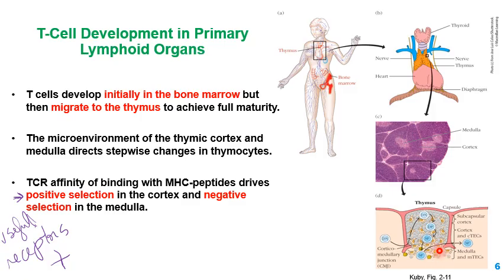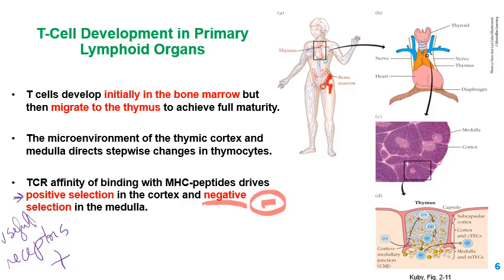Okay, so now you're going to check whether your T cell receptor attacks self stuff. Okay, so if this T cell receptor is working but is attacking your own proteins, then you have to get rid of the cell. That is what you call your negative selection.